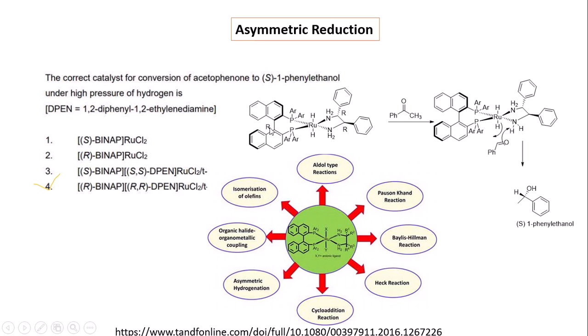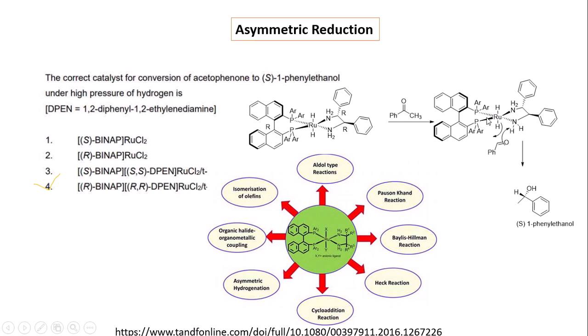Suppose we take the R BINAP with the R configuration, that is, the ligand is the corresponding RR, and the product is the S 1-phenyl ethanol.